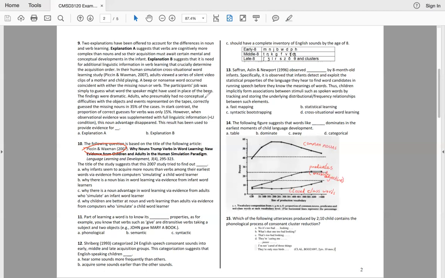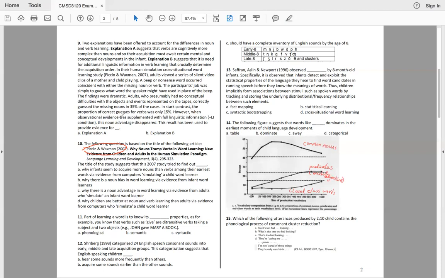Adults who presumably had no conceptual difficulties with the objects and events represented on the tapes correctly guessed the missing nouns in 35% of the cases. In stark contrast, the proportion of correct guesses for verbs was only 15%. So even for adults, it is very difficult to guess the verbs correctly when those words are replaced by a beep sound.